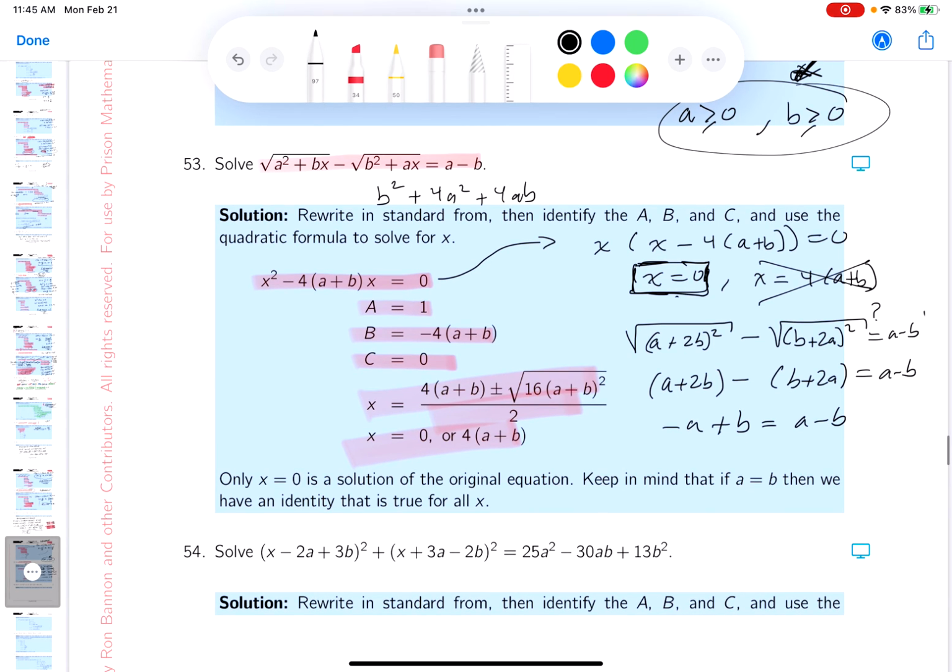However, I want to point out, they say that x equals 0 is a solution to the original equation, and we did verify that. It also says that if a equals b, then we have an identity. And I think I might have made a mistake in this. Before I say I made a mistake, I want to check out what that means. If a equals b, you'd get a squared plus ax minus a squared plus ax is equal to a minus a.